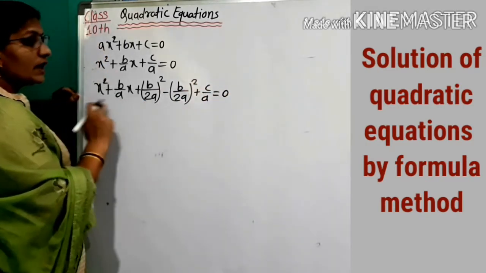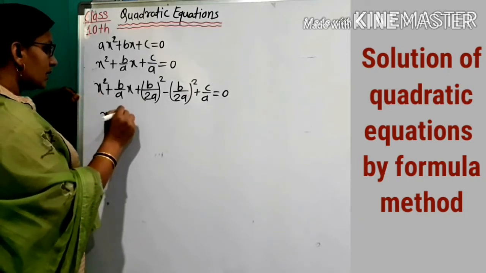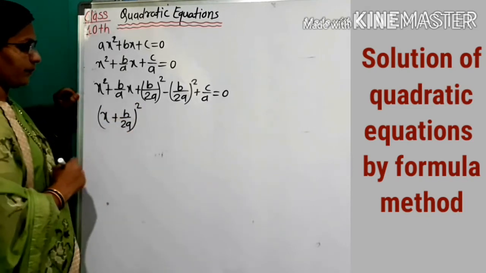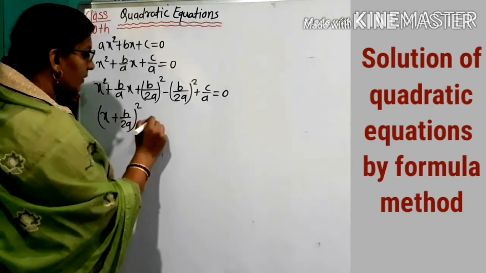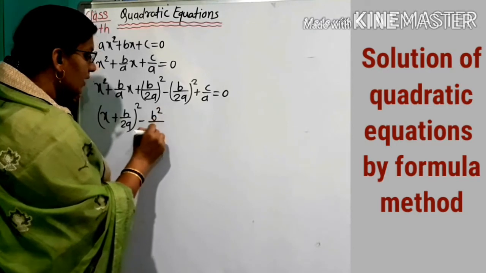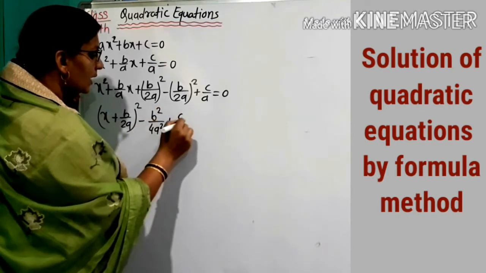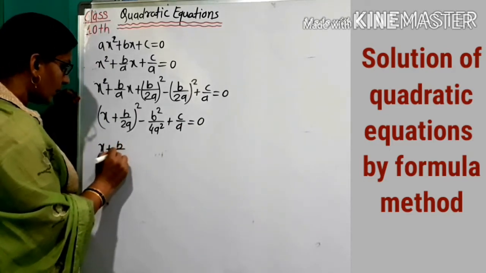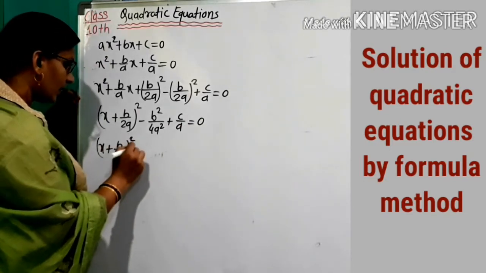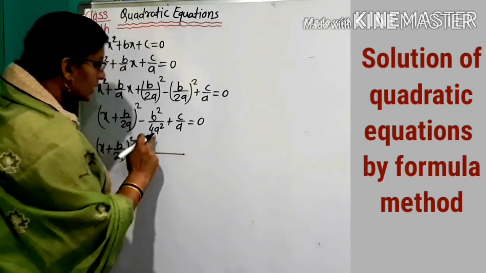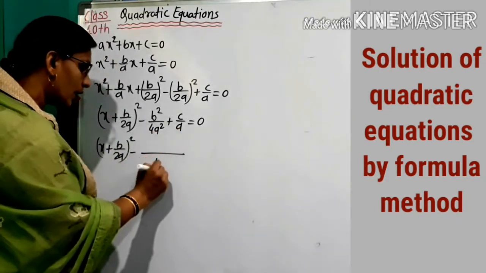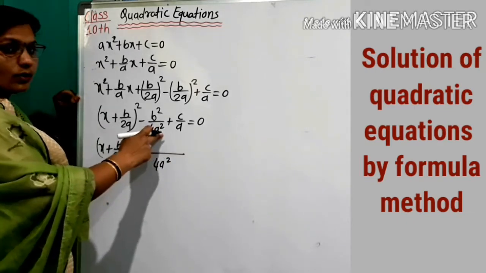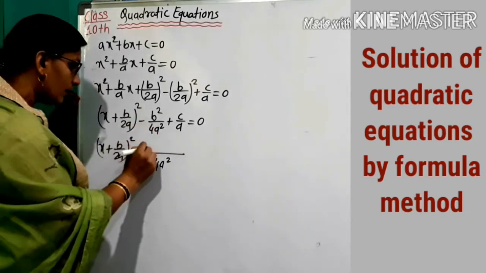And this is the complete square of x plus b upon 2a bracket square. And by solving this, b square upon 4a square minus c upon a equal to 0. So x plus b upon 2a, here LCM of 4a square and a is 4a square. Divide 4a square by 4a square, we have 1, 1 into b square, b square.